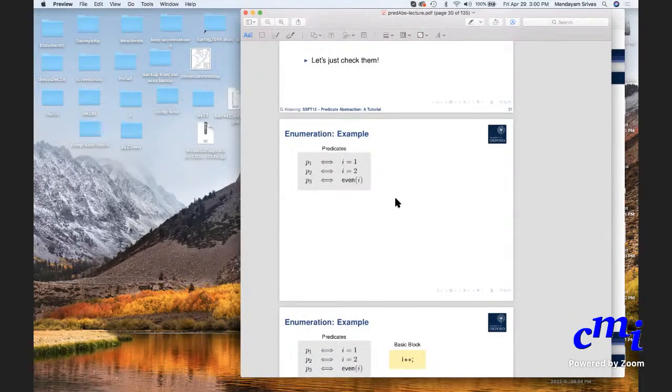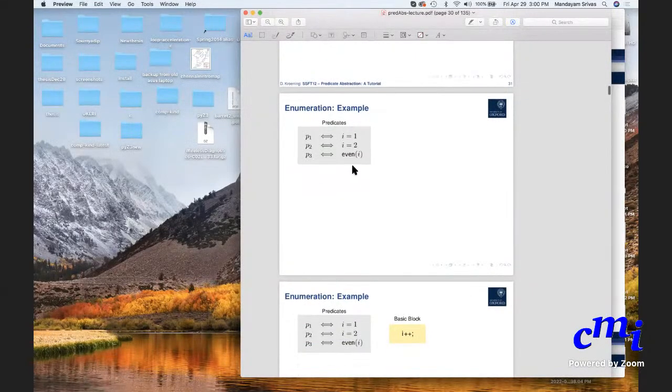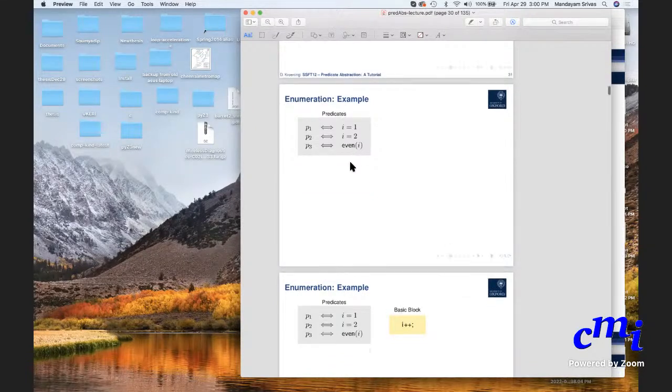The predicates could be arbitrary over a potentially infinite domain, but there are only finitely many predicates here. So for example, suppose my predicates track I is equal to 1, I is equal to 2, and even(I).